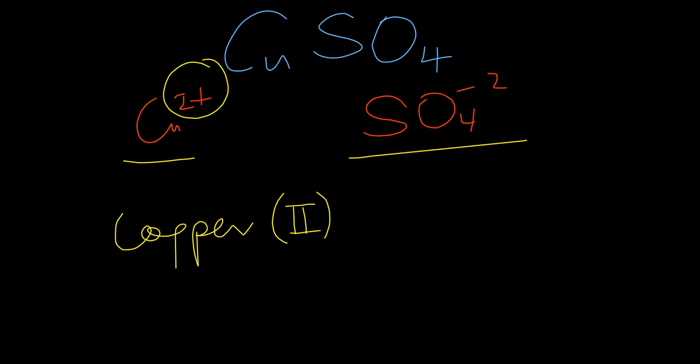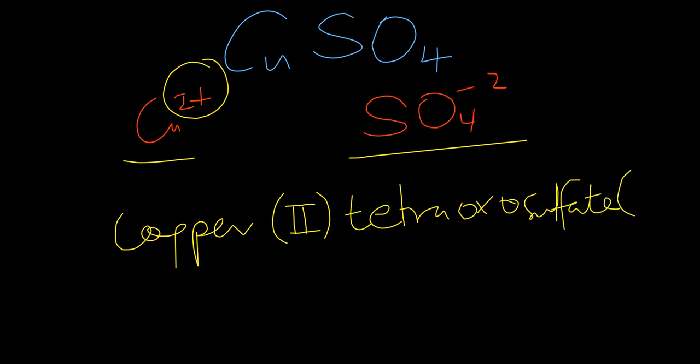We have to move on to the oxo-anion, with the tetraoxo, so it's tetraoxosulfate. So we bring our brackets or parentheses in which we're going to show the oxidation state of the sulfur. So let's calculate the oxidation state of the sulfur. Sulfur plus 4 of the oxygens equals the charge on the oxo-anion, that's minus 2.